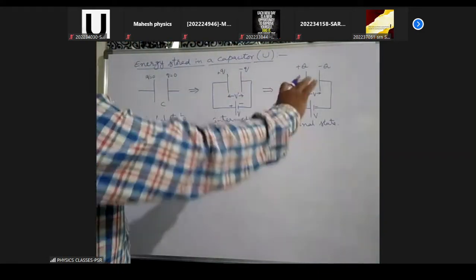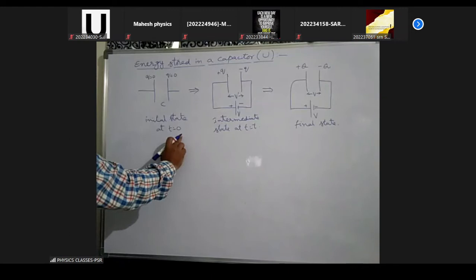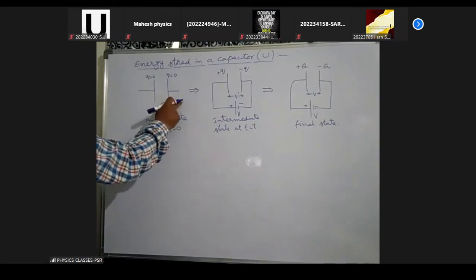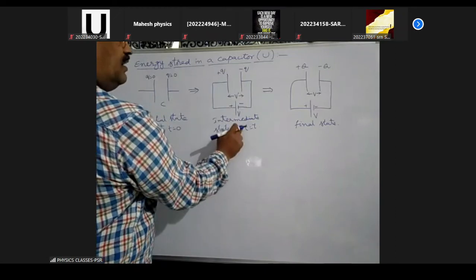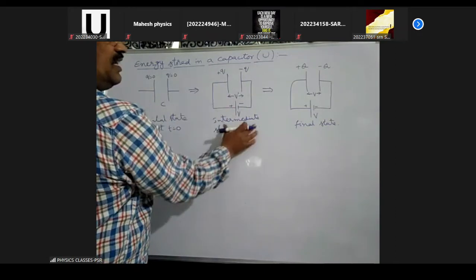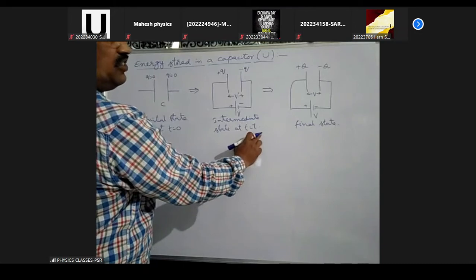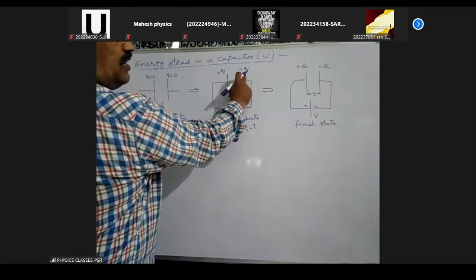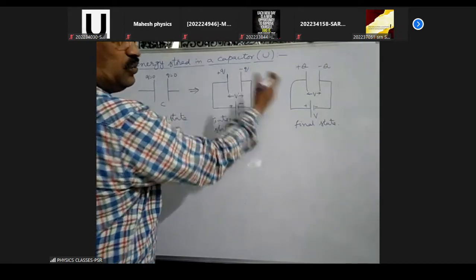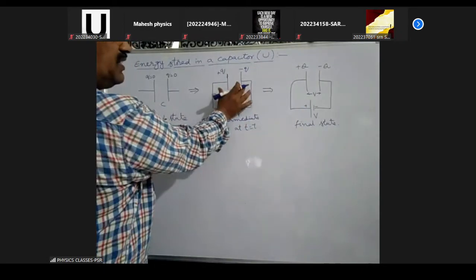Okay, these are the three situations. Initially, at time t is equal to 0, there is no charge on the plates. Now we connect the battery across the plates, and during charging at an intermediate state at t is equal to t, the charge on one plate is plus q and on the other plate minus q. Here q is the charge on the plates.